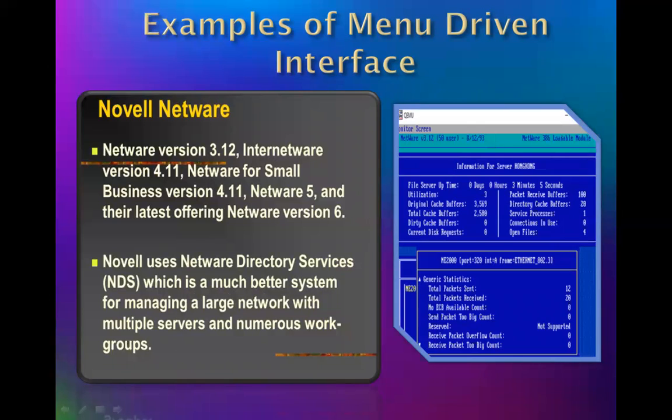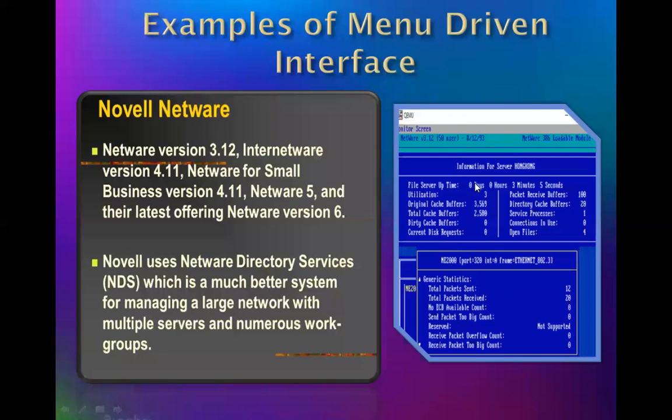An example of a menu driven interface: Novell NetWare. Novell NetWare is one of the oldest operating systems, which includes NetWare versions 3.1 to 4.11, NetWare 5, and NetWare version 6. All these operating systems were used in older times, and Novell NetWare uses a menu driven interface.